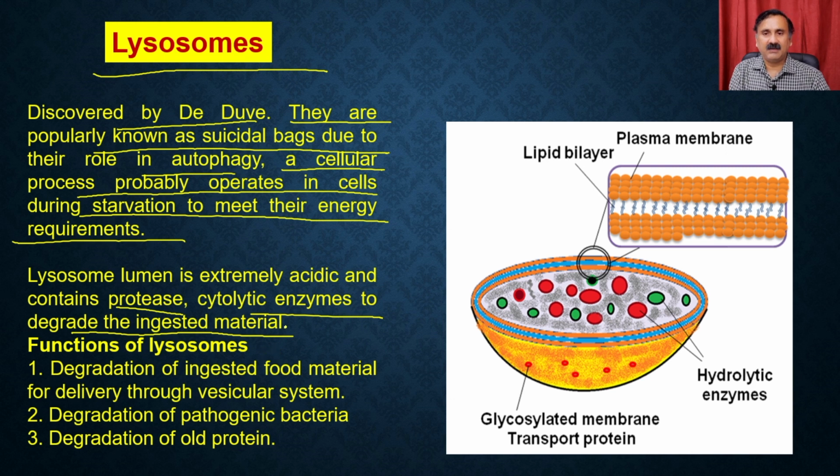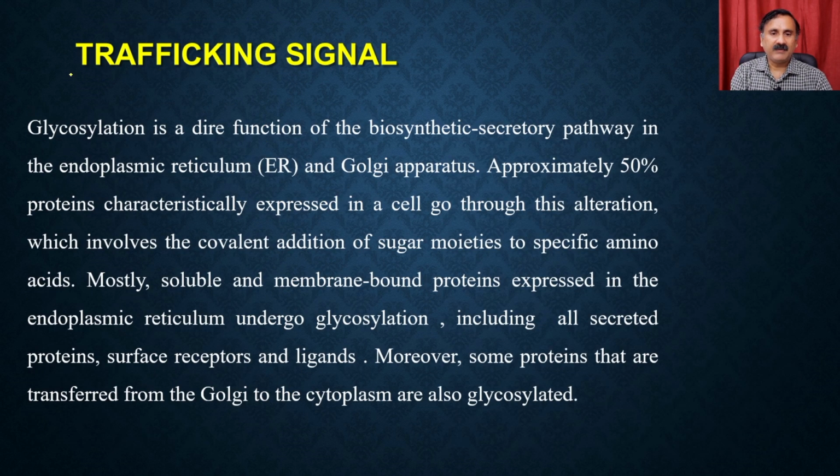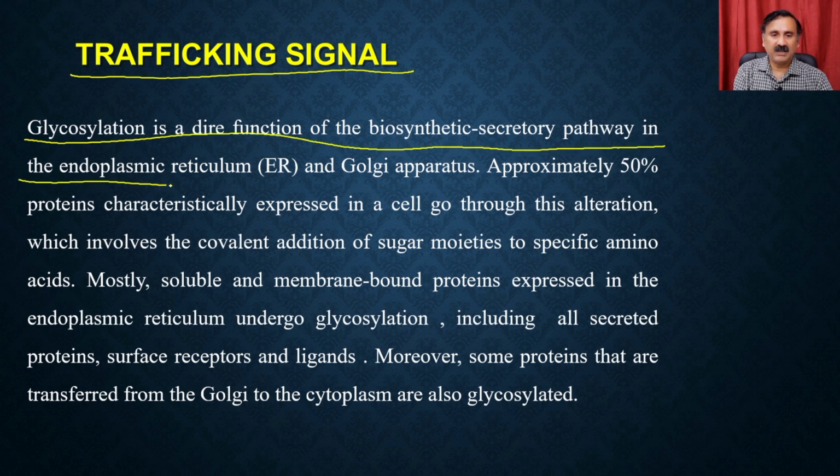Now, since we have discussed the machinery, let's talk about how we can generate the label. So, trafficking signals. Glycosylation is a major function of the biosynthetic secretory pathway in the endoplasmic reticulum and the Golgi apparatus.